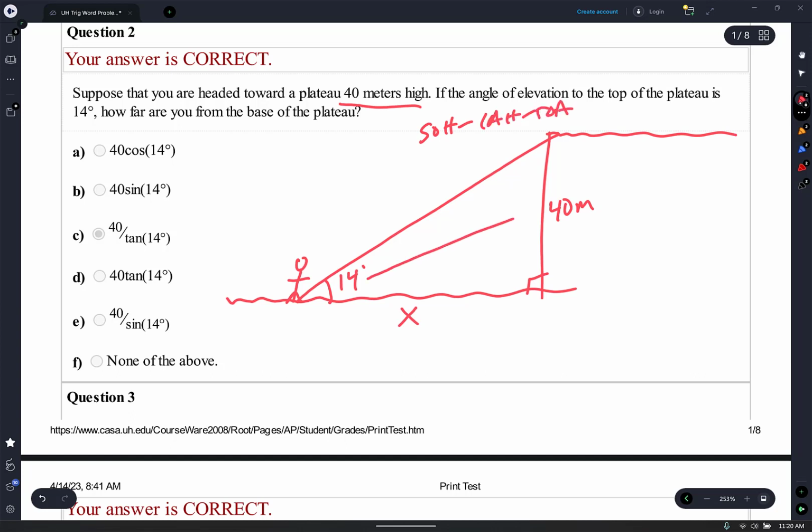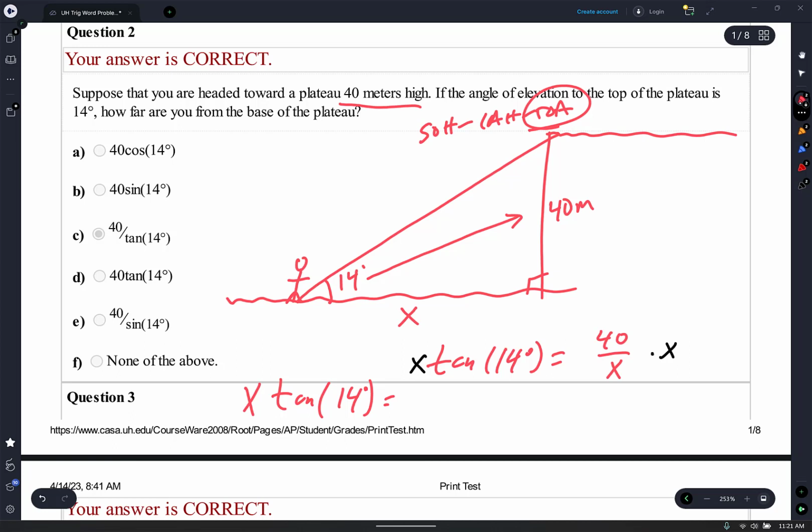The opposite of the 14 degrees is the 40, and adjacent is the x. So I'm looking for opposite over adjacent, so tangent. So tan of 14 degrees equals 40 over x, times x. So now you have x tan 14 degrees equals 40.